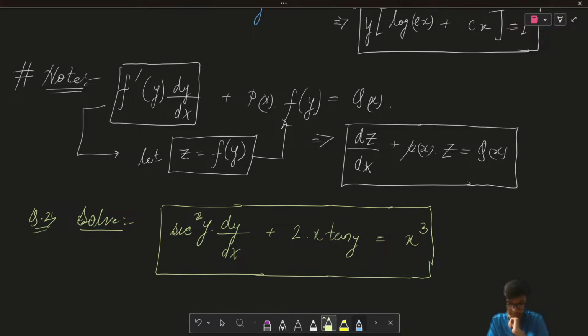So please try to solve this problem so that we can discuss the solution.